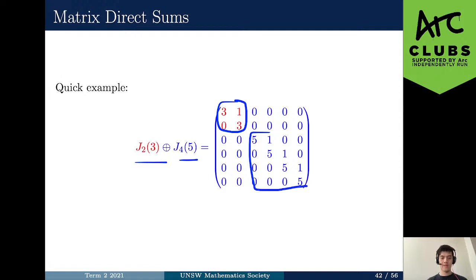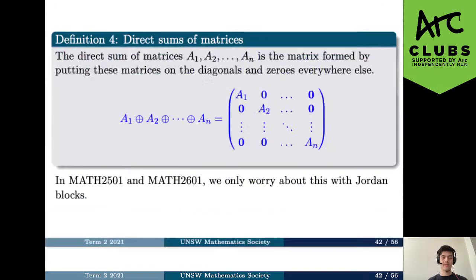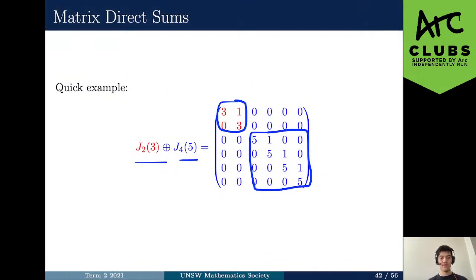Remember, we have 5 on the main diagonal and 1 on the diagonal above. So if I want to do a direct sum, I just put them together like this, as we did above, and then fill out everything else with zeros. And this is what we call a Jordan matrix. So a Jordan matrix is just the direct sum of Jordan blocks.